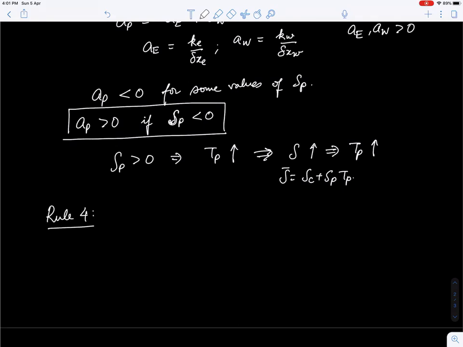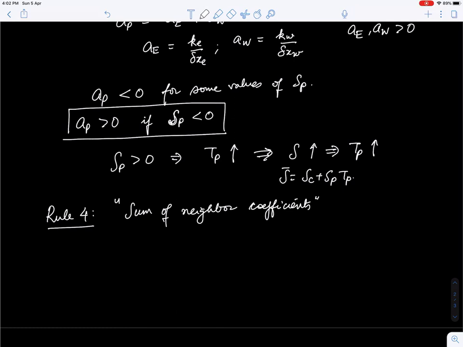Okay, now we get to rule 4, the final rule. This rule is called the sum of neighbor coefficients. Let's say we are solving a linear differential equation.